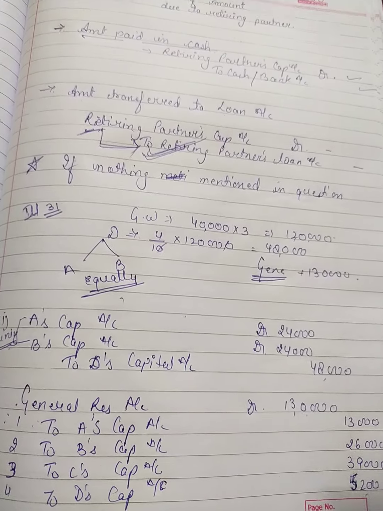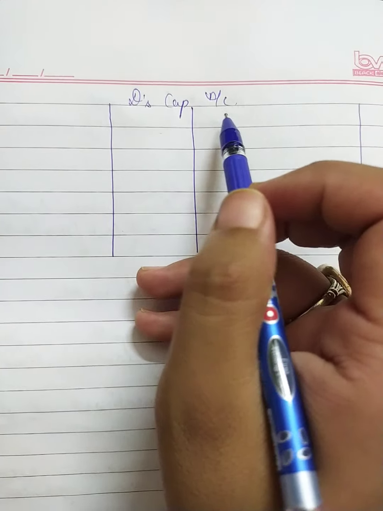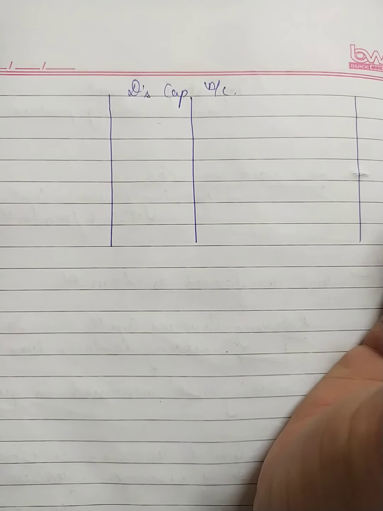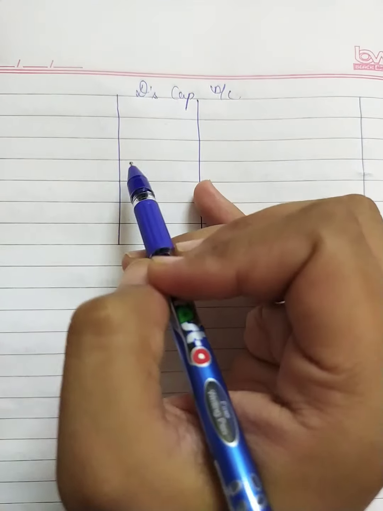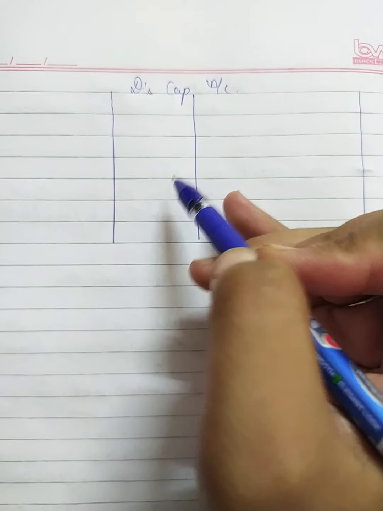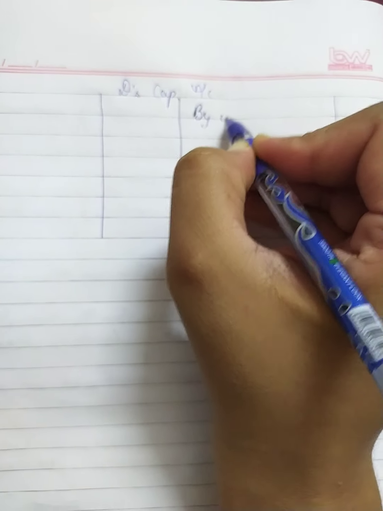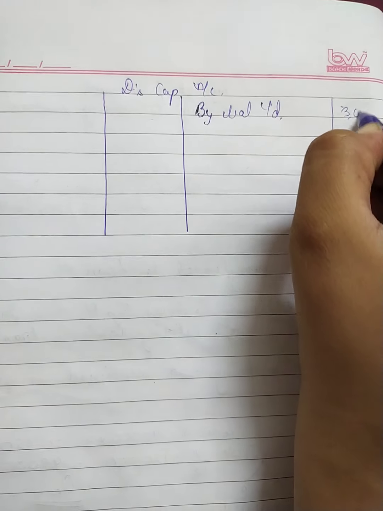Okay, so let's prepare D's capital account. So students, D's capital account will be prepared same as we have prepared earlier of partner's capital account. The difference is what, we have some 2 or 3 columns in that capital account, and here we have only the column of D's capital. So we will start from transferring his balance, that is 3 lakh.